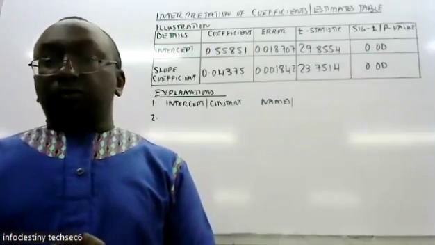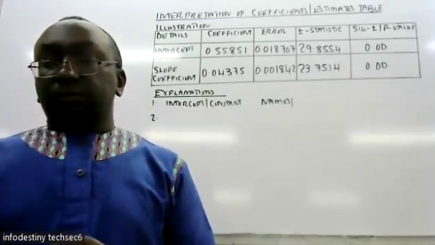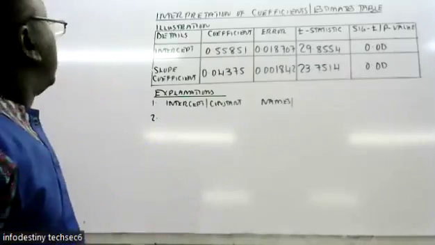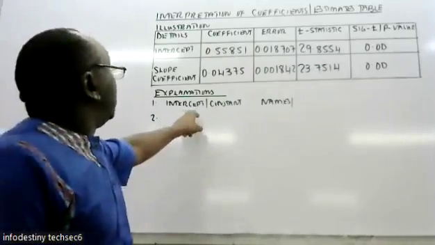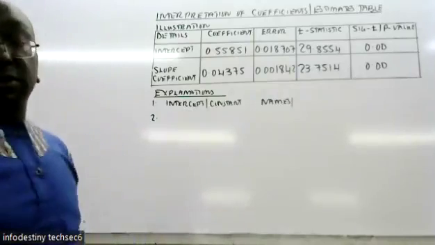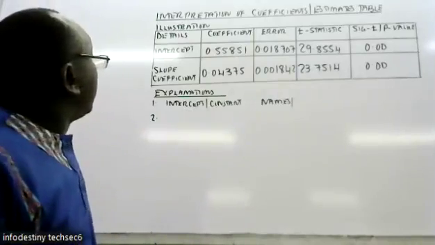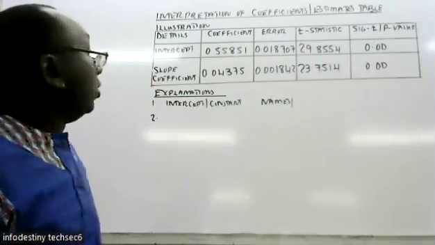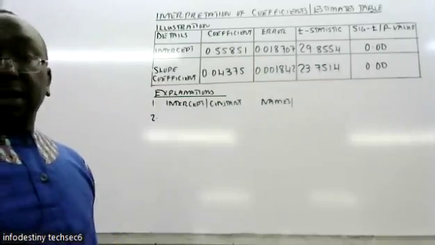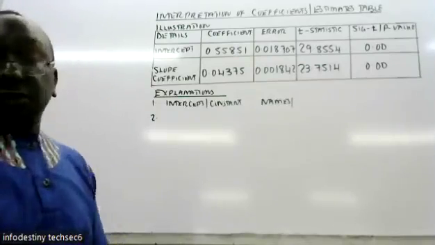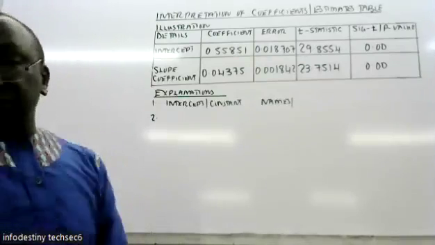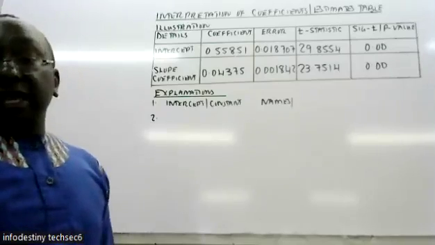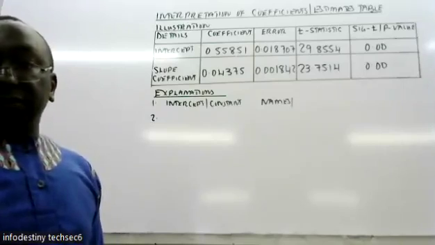Is that okay, Yusuf? You're saying point number 1. Point number 1, I had said the column of details contains the words intercept, constant, and the names, abbreviations, for the independent variables in the function.